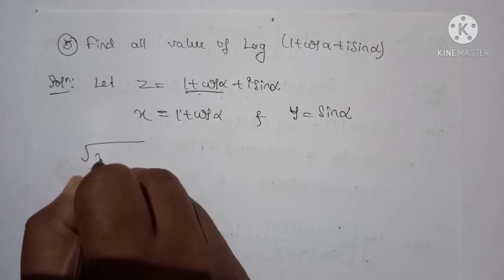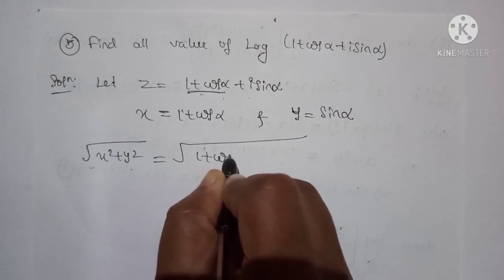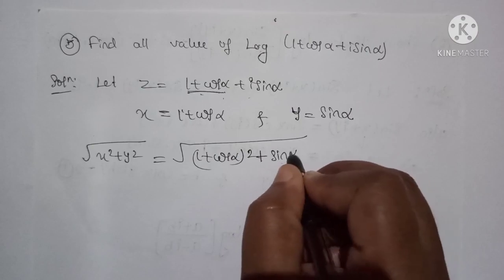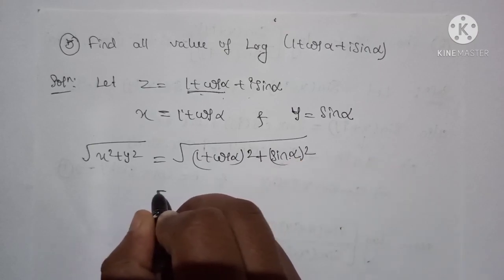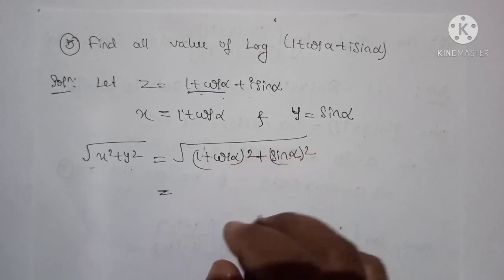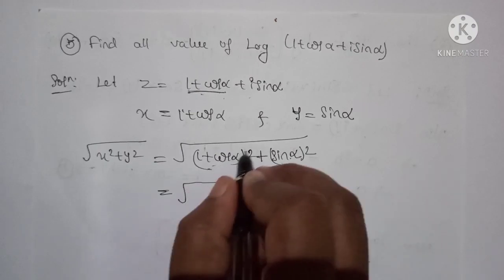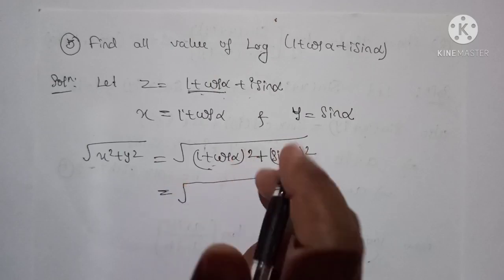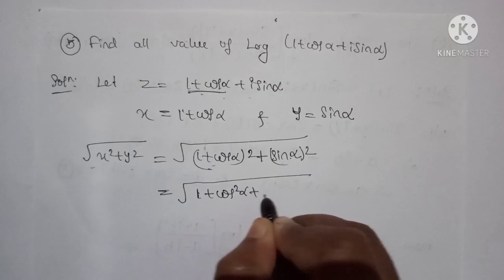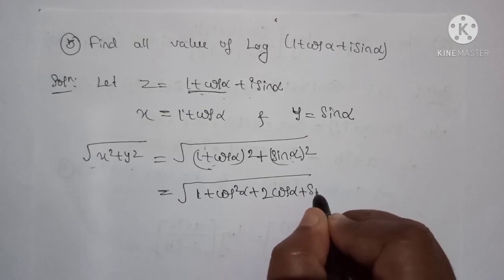Now we need the square root of x square plus y square. Its value is the square root of 1 plus cos alpha whole square plus sin alpha whole square. Now we should substitute the formula here. First we expand with the a plus b whole square formula, that is a square plus b square plus 2ab, that is 1 plus 2 cos alpha plus cos square alpha, plus sin square alpha as it is.